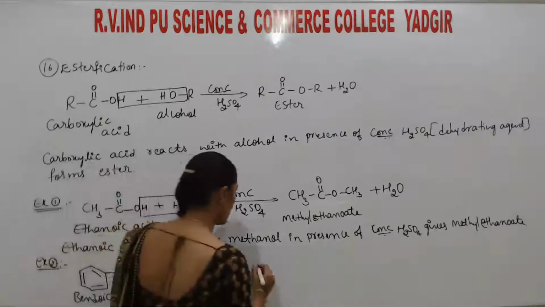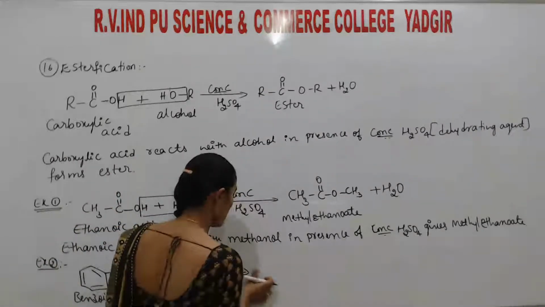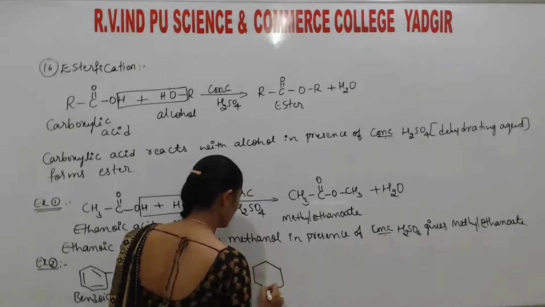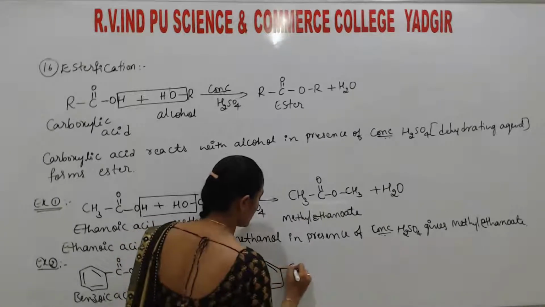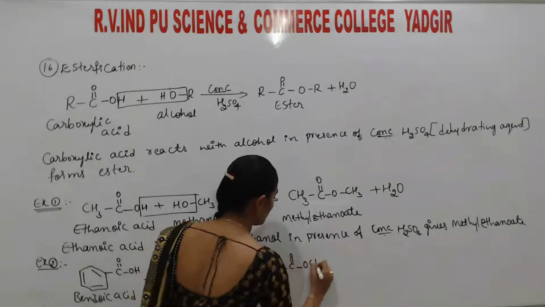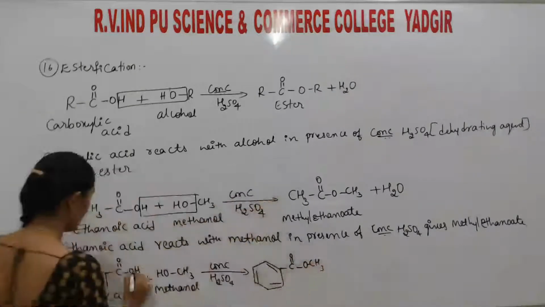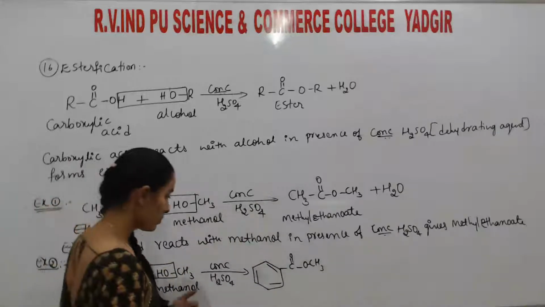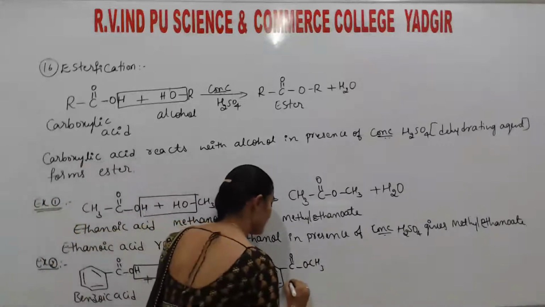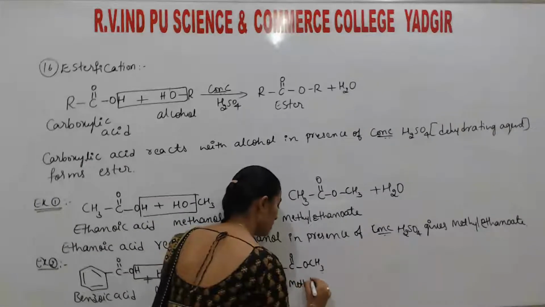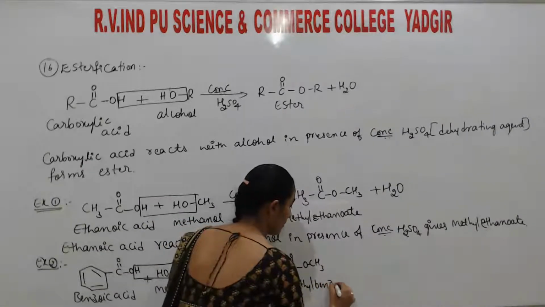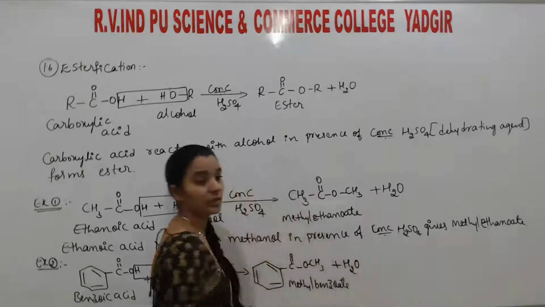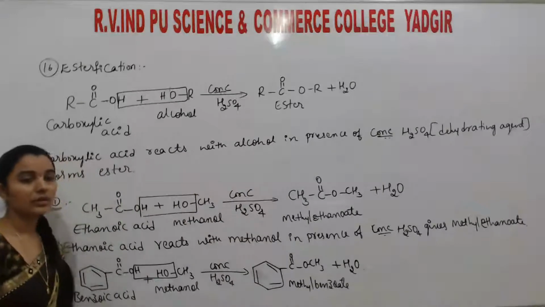It gives, where this R is a benzene ring, with C double bond O-CH3. Here also H2O is removed. So this is methyl benzoate plus water. So this is the reaction.